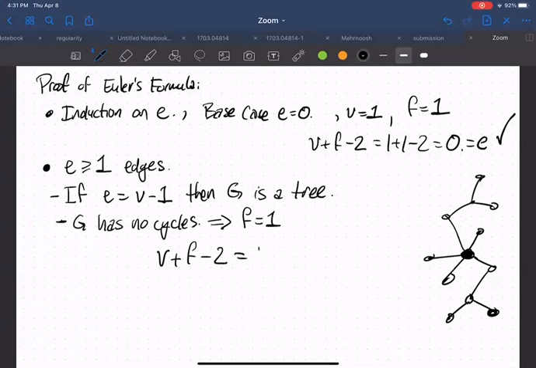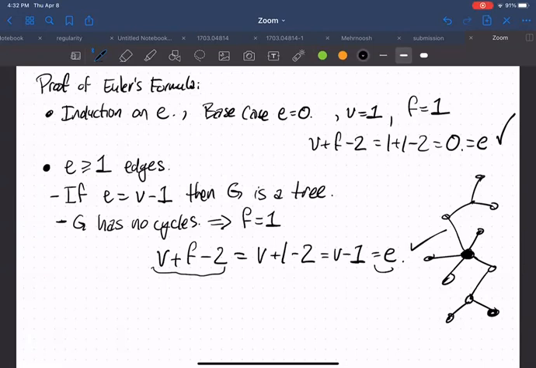Well, we know F, so that's V plus 1 minus 2. That's equal to V minus 1. Well, look at that. That's exactly equal to the number of edges. So in this case, when our graph is a tree, Euler's formula holds.